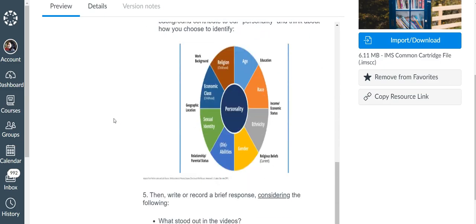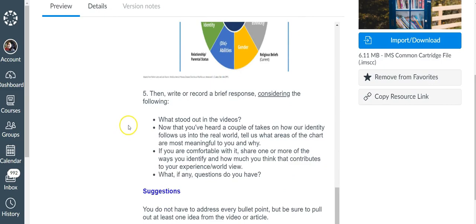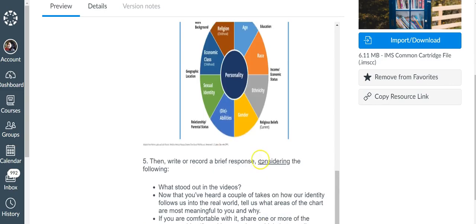And then this chart about personality and background, and having them do a little bit of a response about how they think of themselves, and then sharing some of their own experiences.